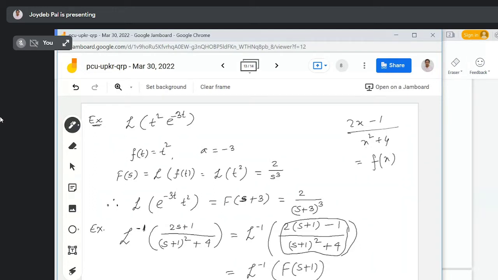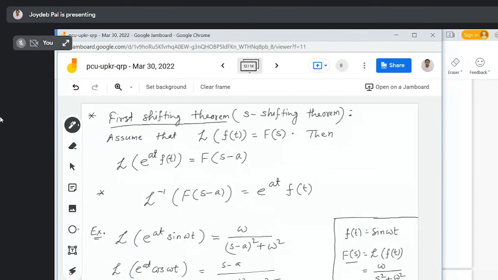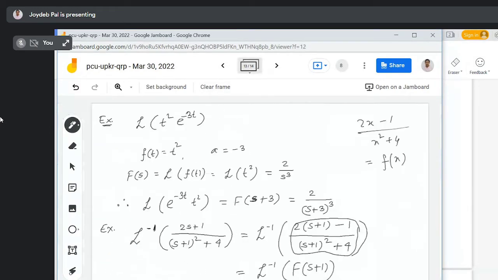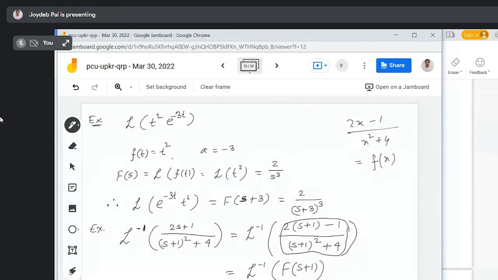So similarly, it is a function of s plus 1. Can I write this? Yes, sir. It is a function of s, but actually to apply that s shifting theorem, I have to express it in the form of s plus a. That is why I have written f of s plus 1. Okay, to apply the s shifting property.